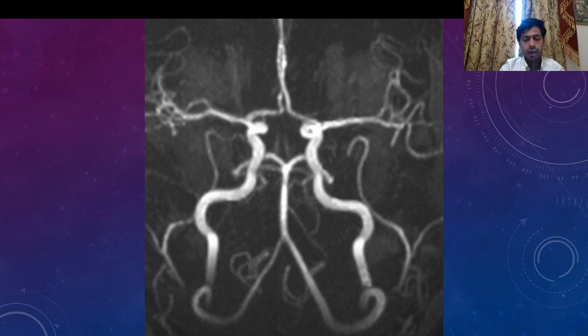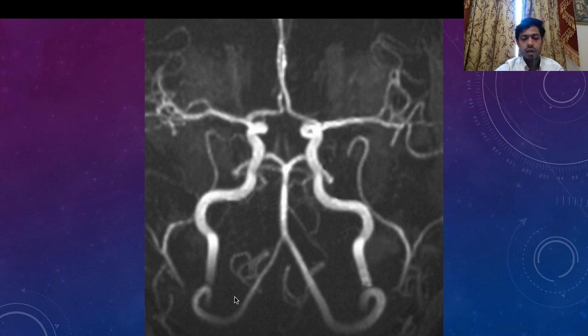So this is a magnetic resonance angiograph, and I think it shows the circle of Willis nicely, but it's not very nice in terms of identifying vessels, as you can see here. But I mean, so this is your conventional circle here.